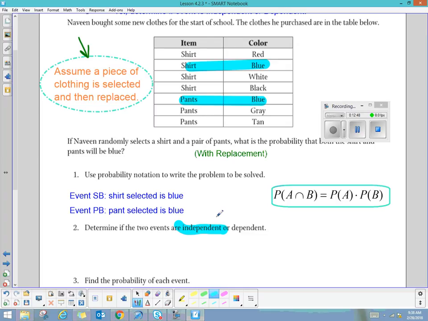Likewise, if I select a blue pair of pants, because that is the only pair of blue pants, selecting that will not alter the probability for the next event, especially if what I'm focusing on right now is selecting a blue shirt or a blue pair of pants. So conceptually, for that reason, we are going to identify events SB and PB as independent.